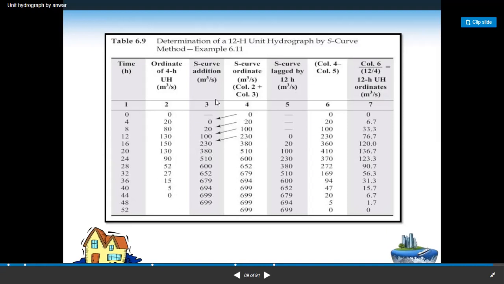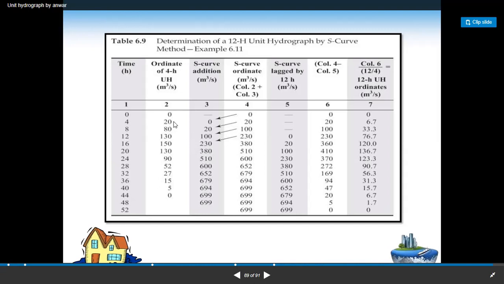S-curve addition in meters cubed per second: 0, 20, 100, 230, 380, 510, 600, 652, 679, 694, 699, 699. S-curve ordinate in meters cubed per second is column 2 plus column 3: 0, 20, 100, 230, 380, 510, 600.